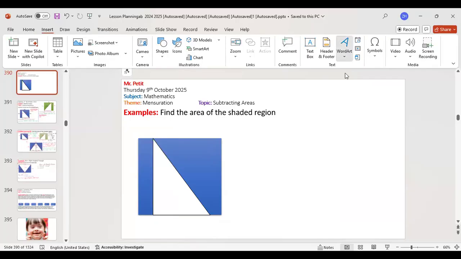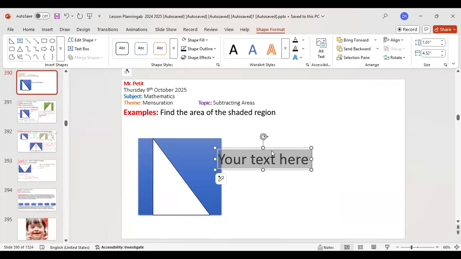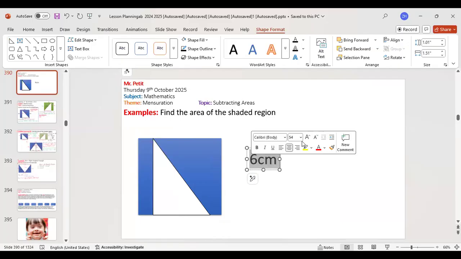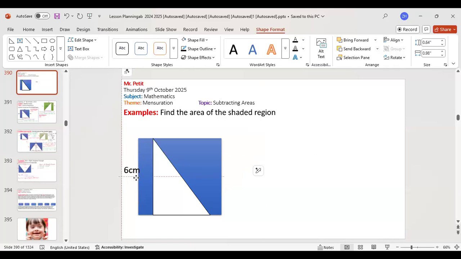So let's say that this is 6 centimeters. Let's say that this is the units for this one. So this side is 6 centimeters. Let's say that this side is 7 centimeters.